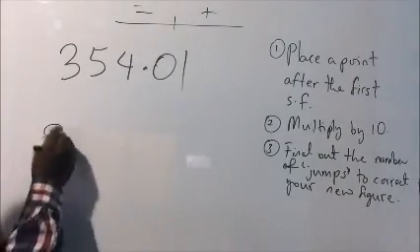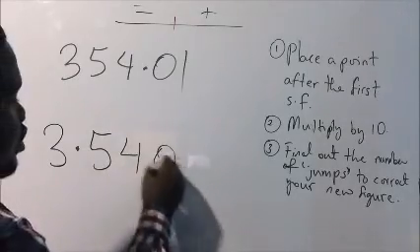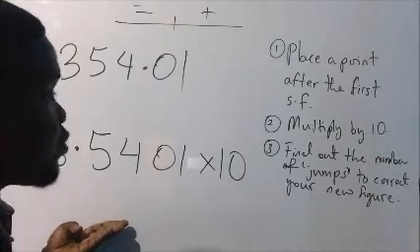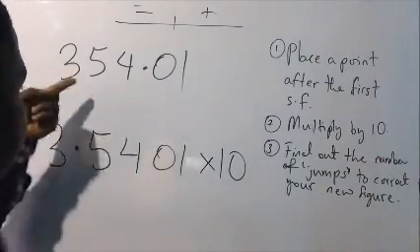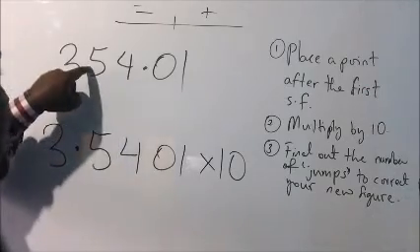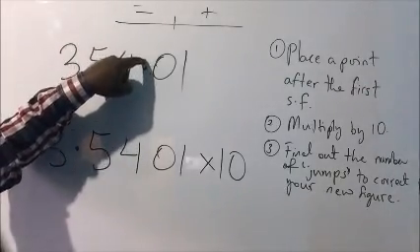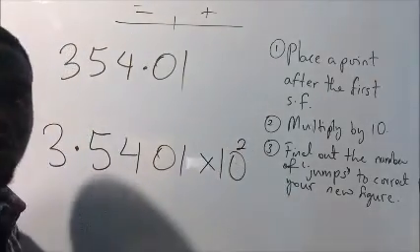First significant figure, so 3.5401 times 10. The same concept. Then place your hand in the question where you have placed the point, here, and move to the right place. 1, 2. But we are moving to the right, which means it is positive 2.